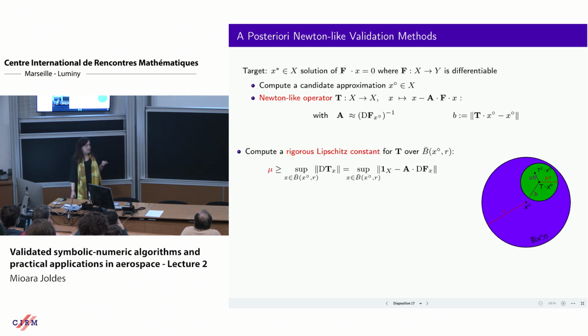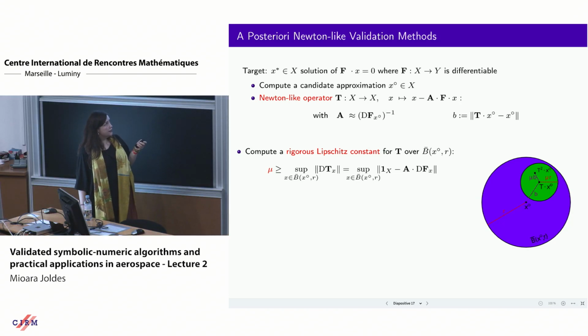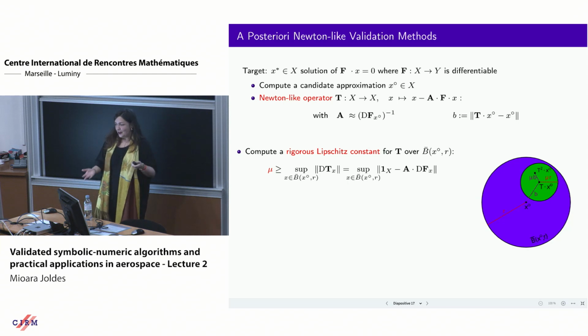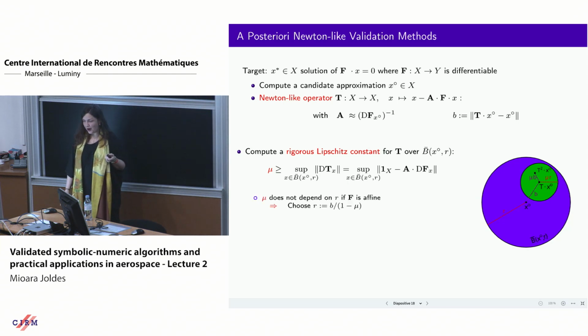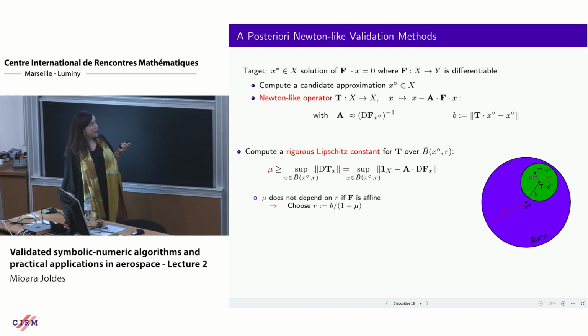If we can have a bound on the Jacobian of T, well, in this case, we only need a bound. If we can make it less than 1, then we can prove that it's contracting.